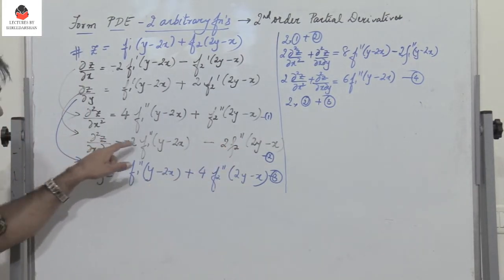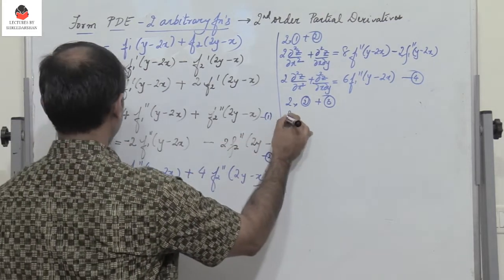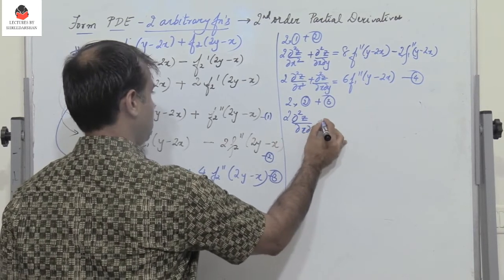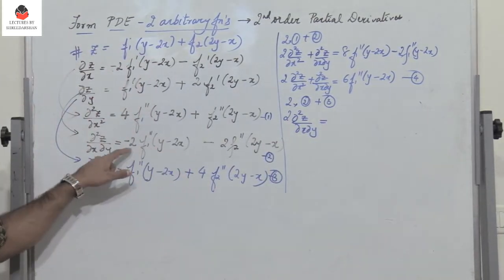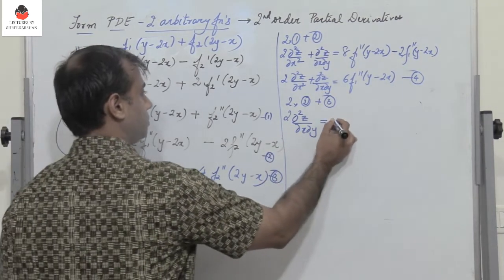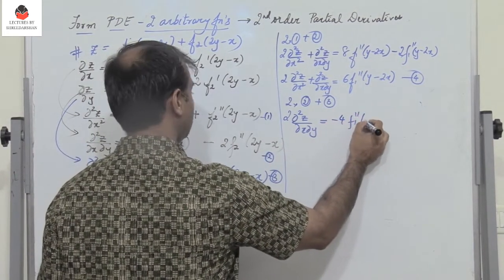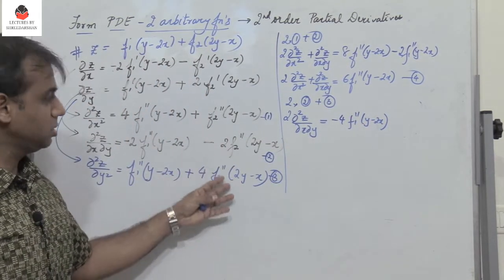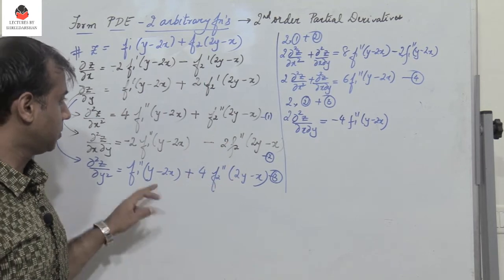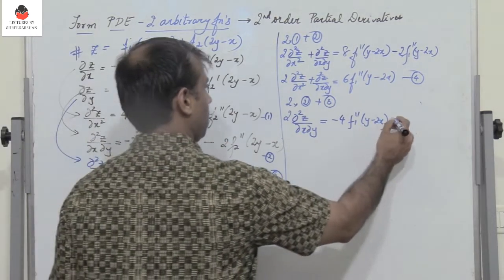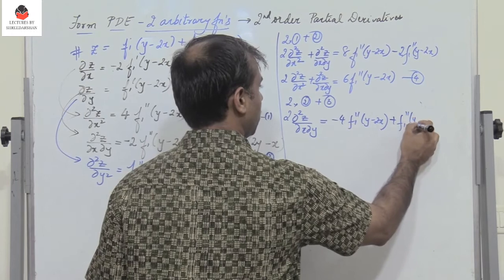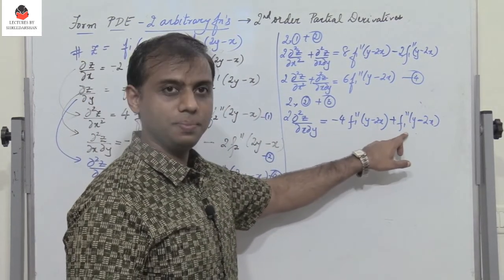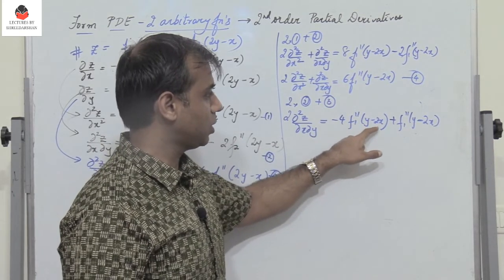Multiplying equation 2 with 2, you get 2 ∂²z/∂x∂y equals, multiplying this equation with 2, I get minus 4 f1'' (y minus 2x), and of course these two terms get cancelled because this becomes minus 4 plus 4, and then plus f1'' (y minus 2x). So again observe, this is minus 4, this is plus 1 of f1'' (y minus 2x).